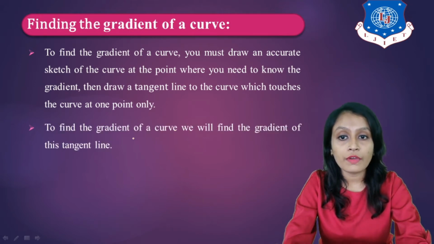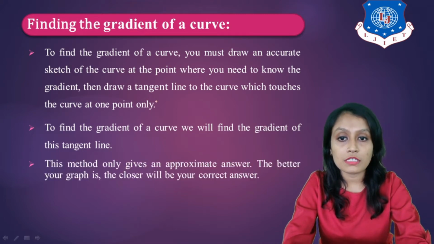Then to find the gradient of a curve, we will find the gradient of this tangent line. So firstly we have to draw a curve and then draw a tangent line, and we will find the gradient of this tangent line to find the gradient of the curve. Now this method only gives an approximate answer. The better your graph is, the closer it will be to the correct answer.